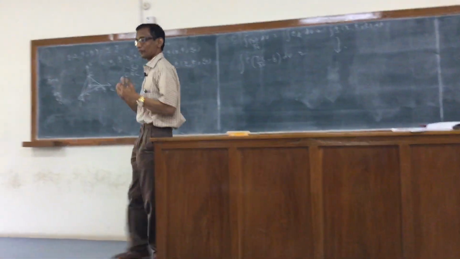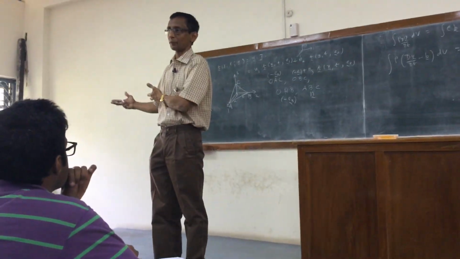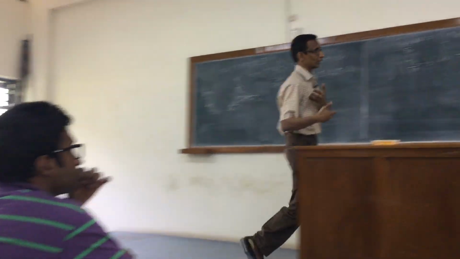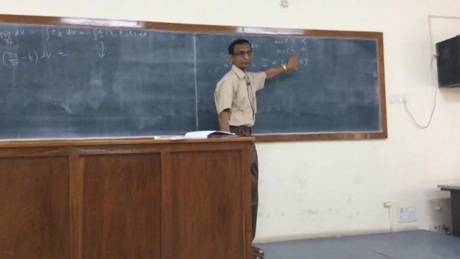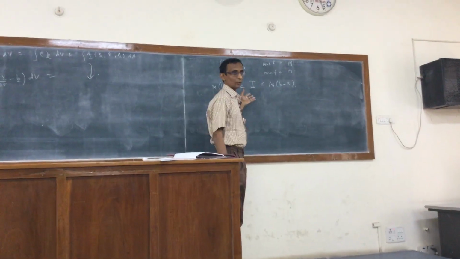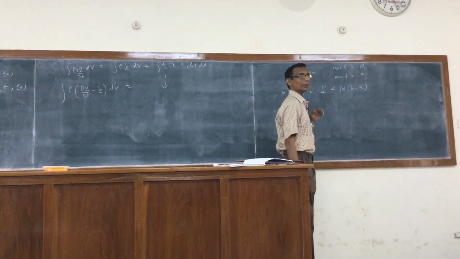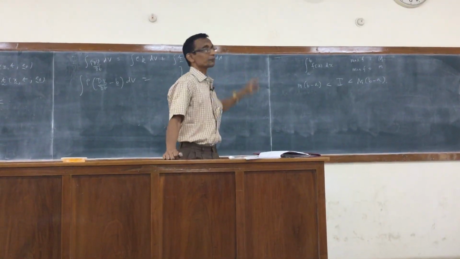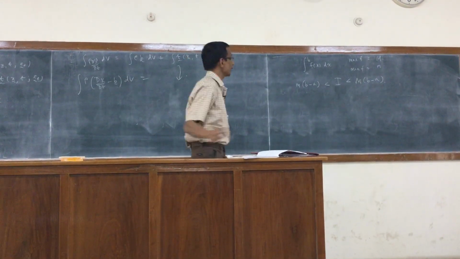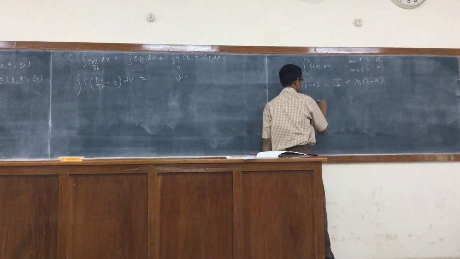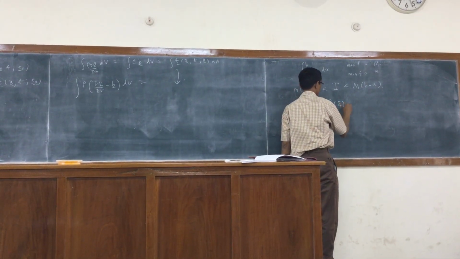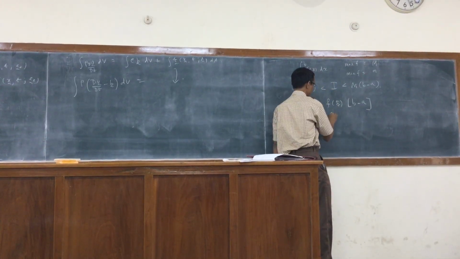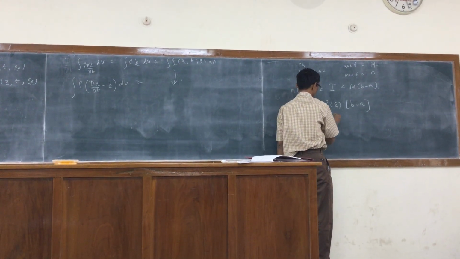Clearly, since f itself lies between small m and capital M, its integral will lie between these two limits. Right? That's very obvious. So now what the mean value theorem says is that if the function is continuous, then the integral I can be written as f of psi times b minus a, where psi lies between a and b.